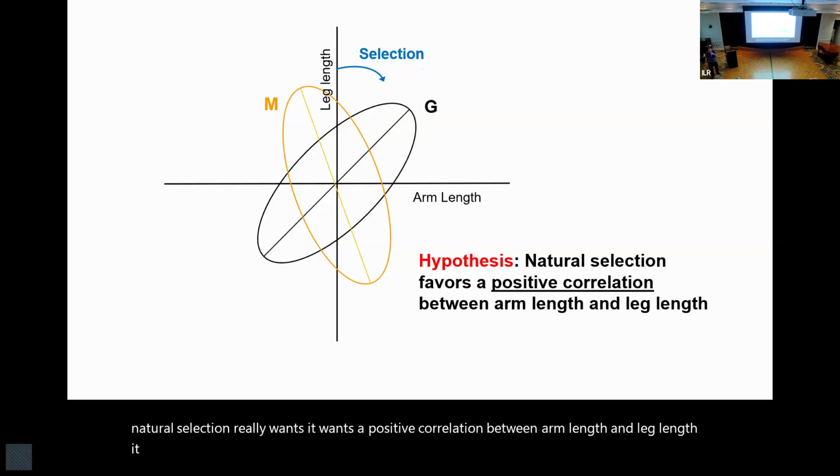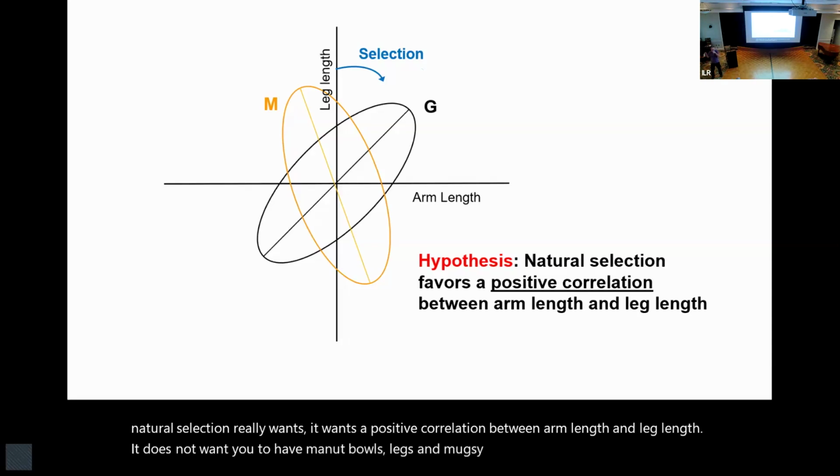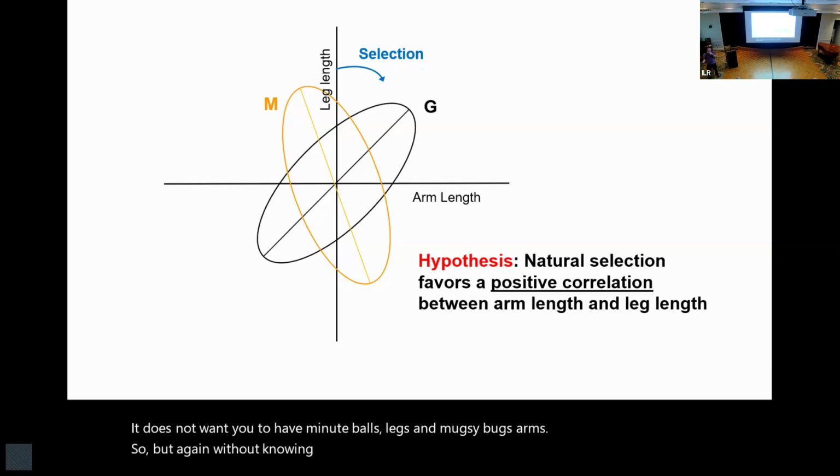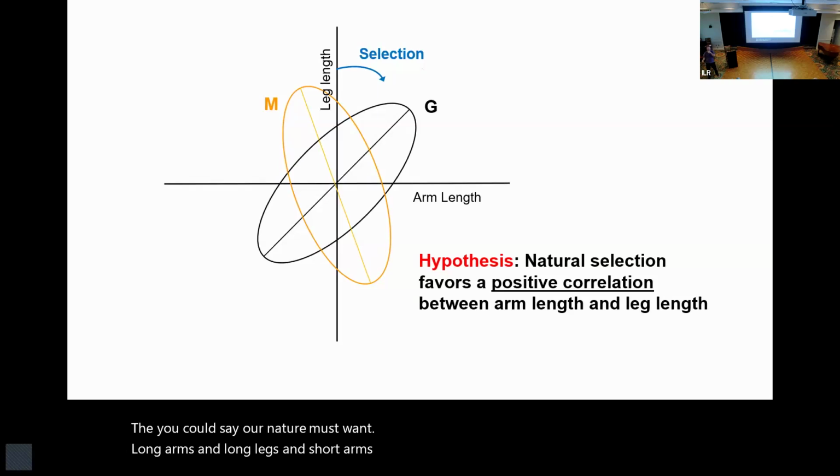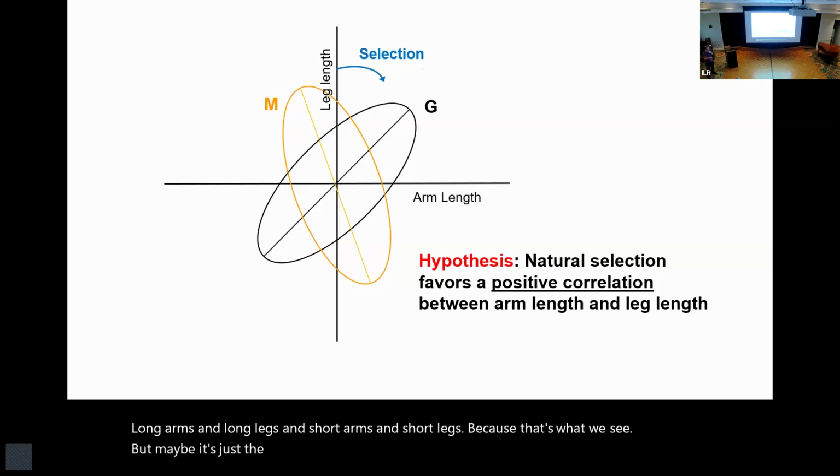It does not want you to have Manute Bol's legs and Muggsy Bogue's arms. But without knowing what is put out there by mutation, you could say that nature must want long arms and long legs and short arms and short legs, because that's what we see. But maybe it's just the natural output of mutation with nothing more to it.